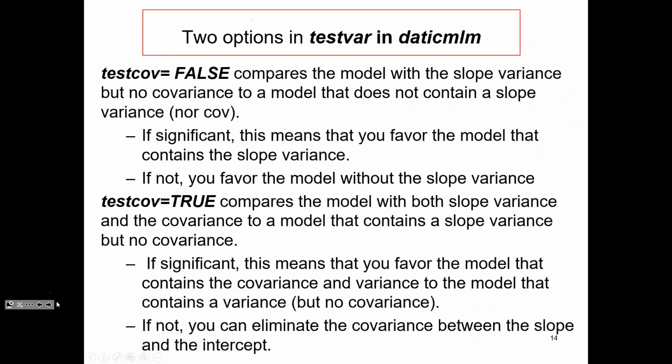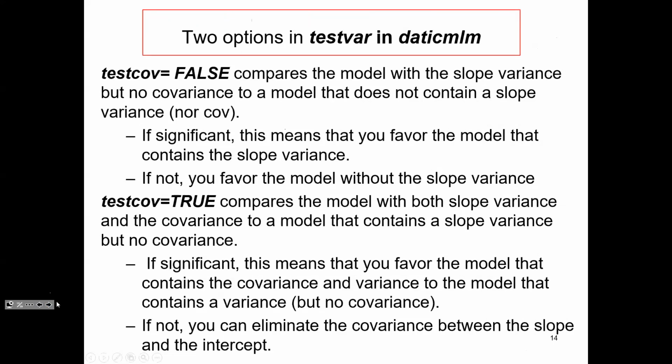So in test code false, we're comparing a model with slope variance but no covariance to a model that does not contain the slope variance or the covariance, right? Here if we say yes, we favor the model that has the slope variance but doesn't have the covariance.